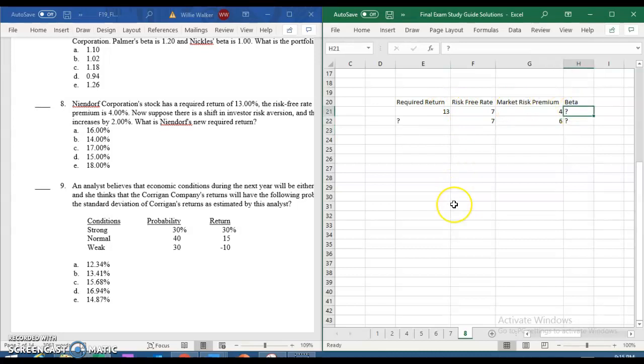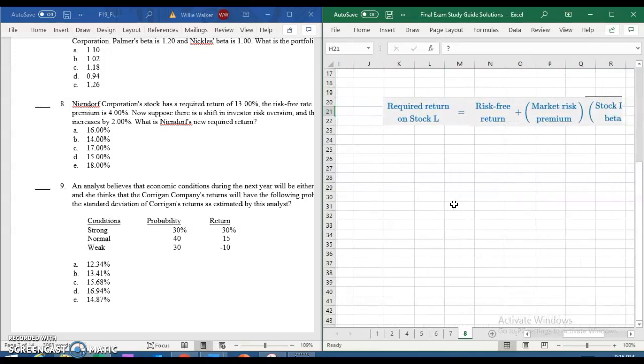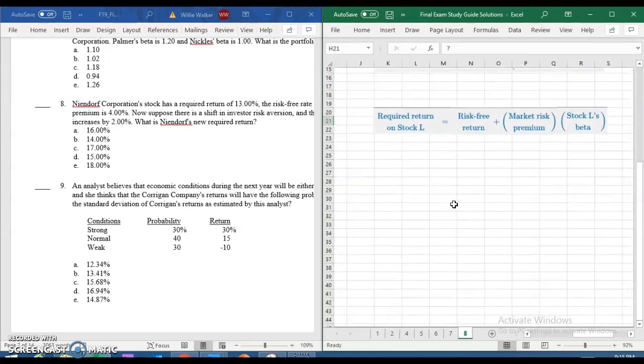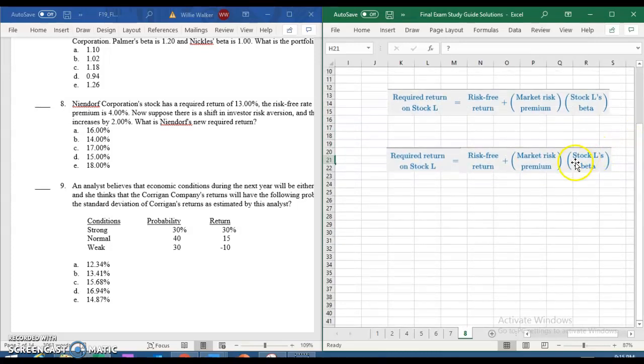Let's find our beta. In order to calculate beta, this is what we can do. All right, so this is our formula. We can isolate beta. First, we have to take the risk-free return, move it to the other side of the equal sign, right? So now we're left with, and we know when that goes on the other side, it becomes a negative.